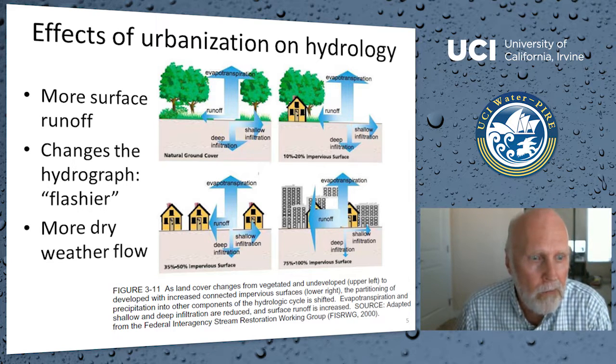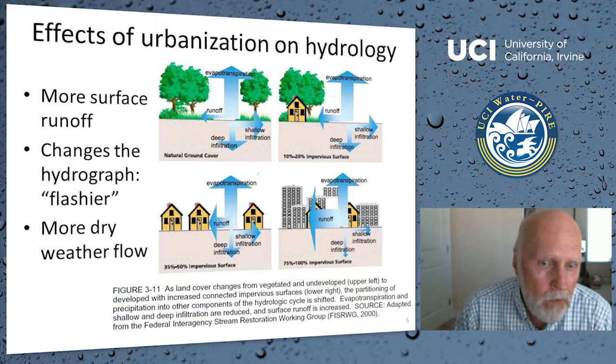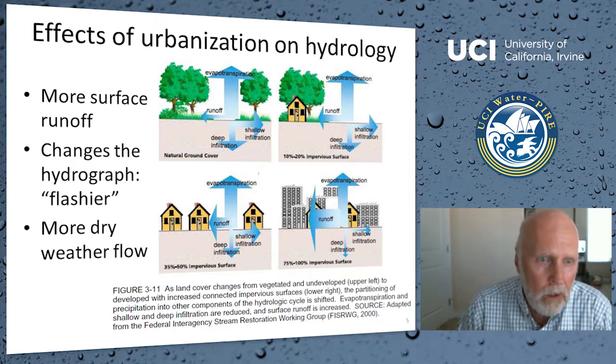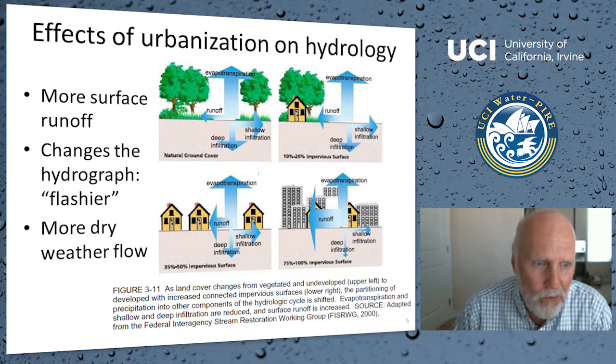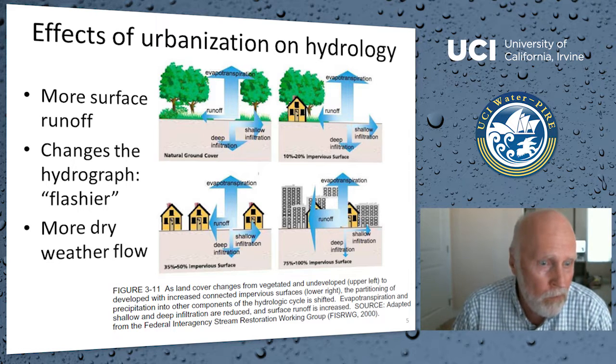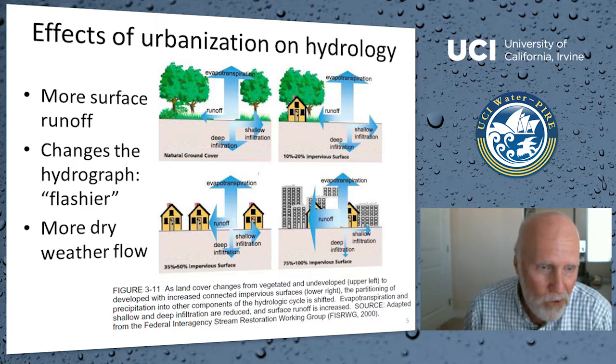So what this does is change the hydrograph so it's much flashier. The other thing that's not so clear from these diagrams, or from my thought exercise of being a raindrop, is that we get more dry weather flow also, because urban water use runs off the landscape all year round.